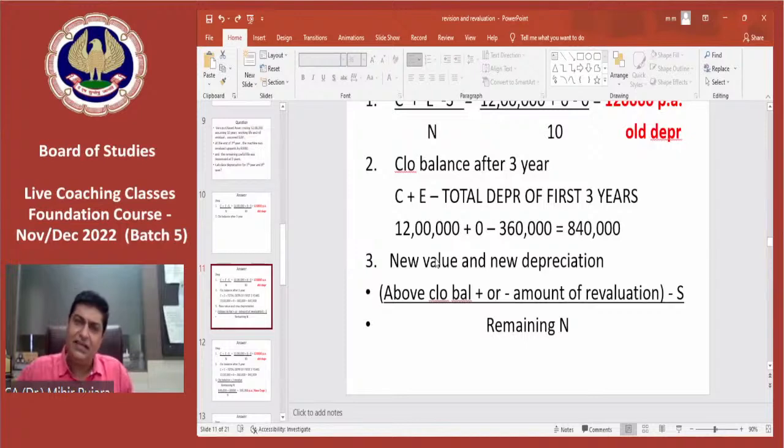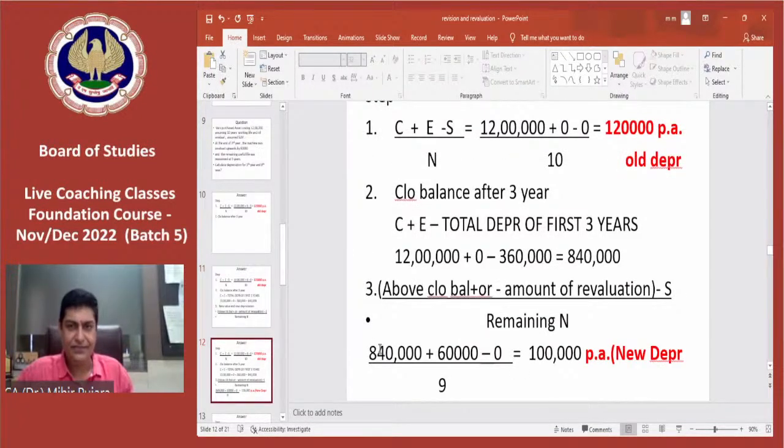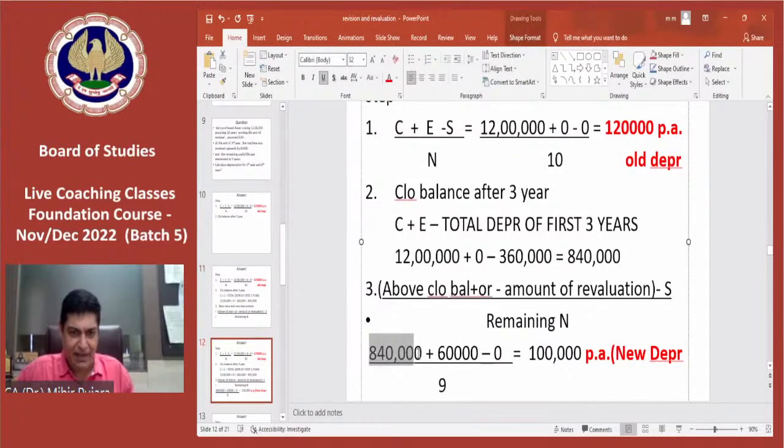Khushdeep, it is 60,000 into 3. New depreciation will be 1 lakh. So 840 is my value. I have to increase by 60,000, so 9 lakh. No scrap, 0.